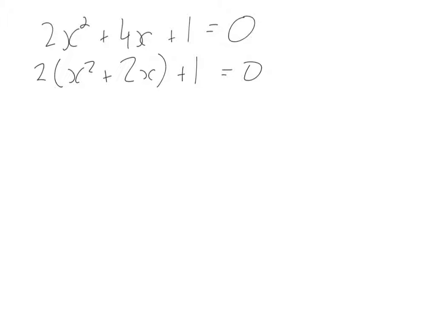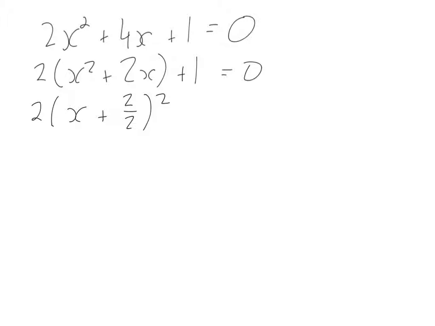Okay, so what this does is it gives us this format here, which we are familiar with and can do something with. So I'll leave that as 2 outside of, and we'll apply the usual techniques of completing the square: x plus, and then divide the x term's coefficient by 2, and square the whole lot.